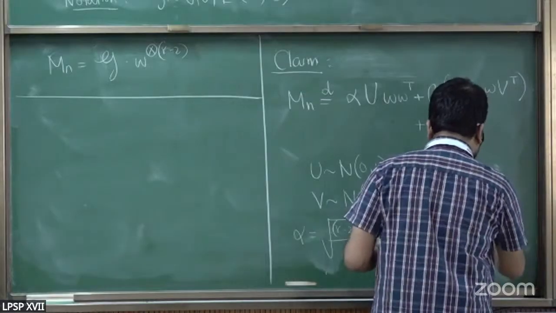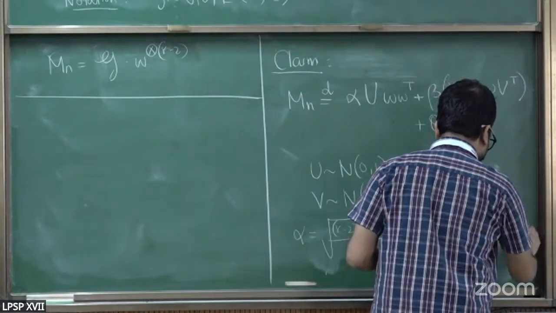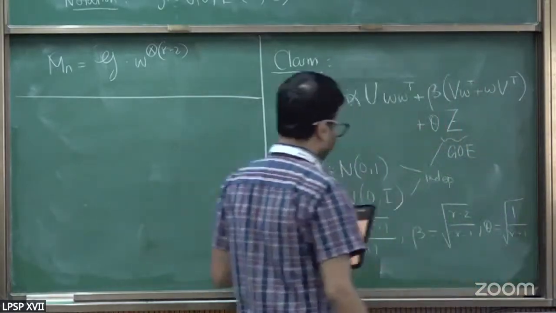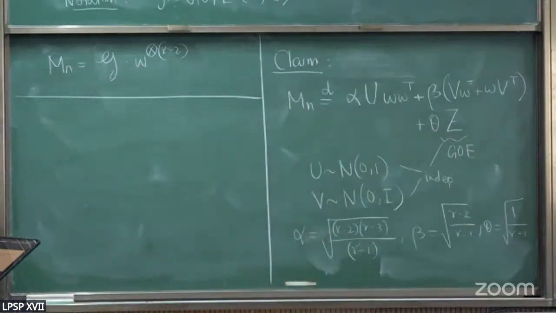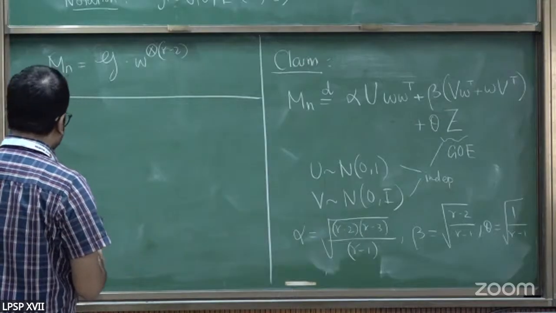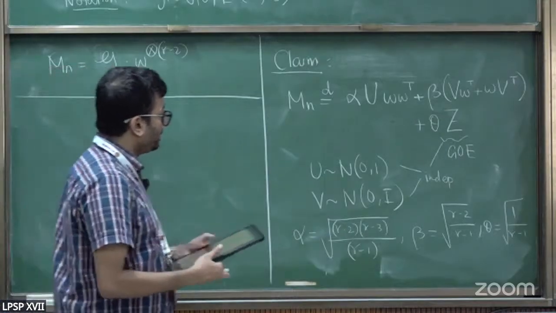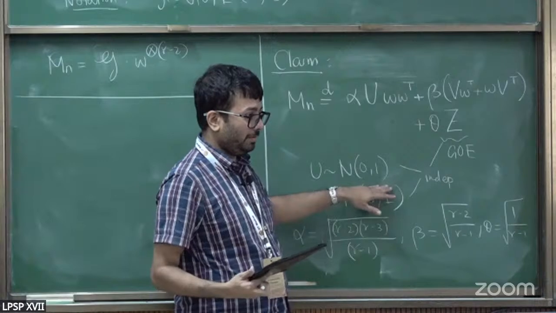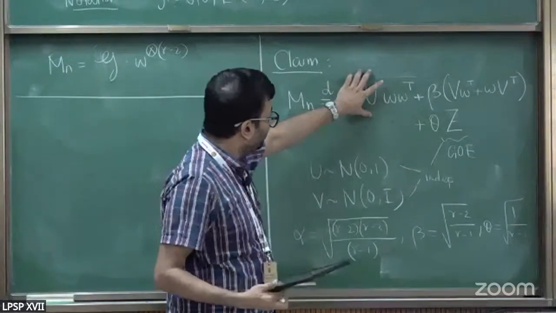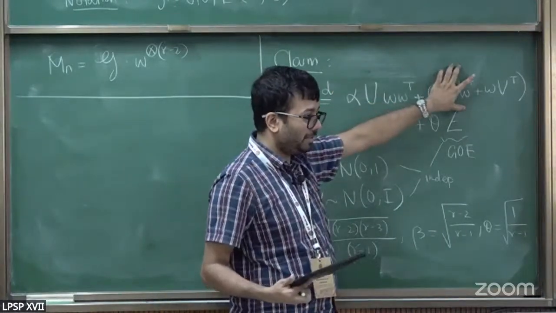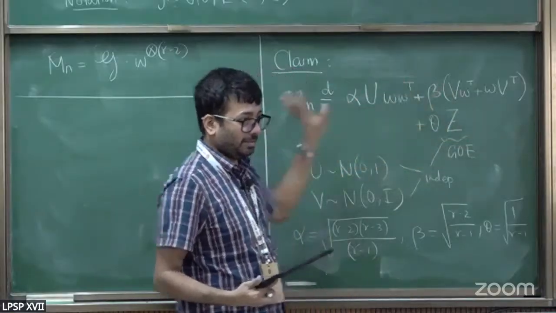Beta is this, and theta is 1 over the square root of r minus 1. U is just a standard normal random variable. So you need one standard normal vector and the GOE matrix to explain it.